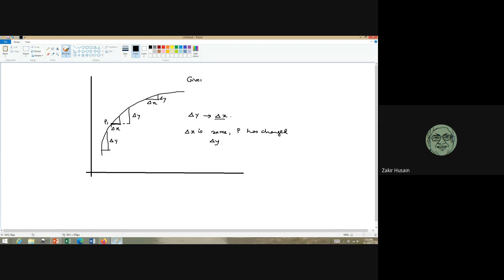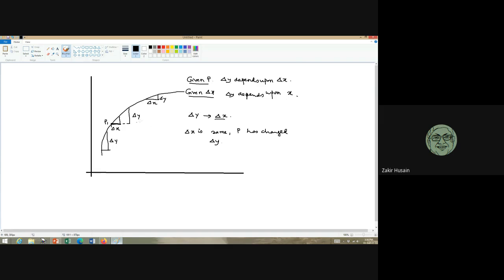So if we fix a starting point, if we fix P, del y depends upon how much of x we have changed. If we fix del x, del y will depend upon the starting value of x, what is the point P in other words.